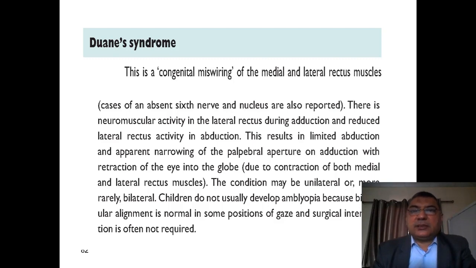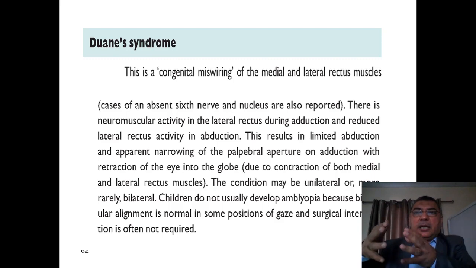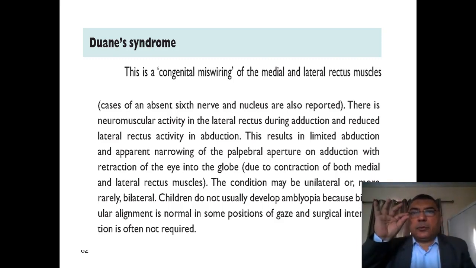In this Duane syndrome, there is co-contraction of the medial and lateral recti, and this will produce retraction of the globe in the orbit. Retraction of the globe in the orbit will result in narrowing of the palpebral fissure.